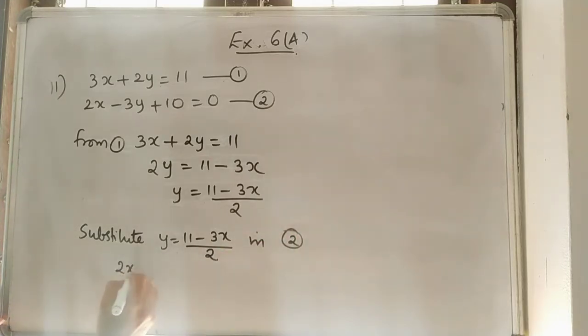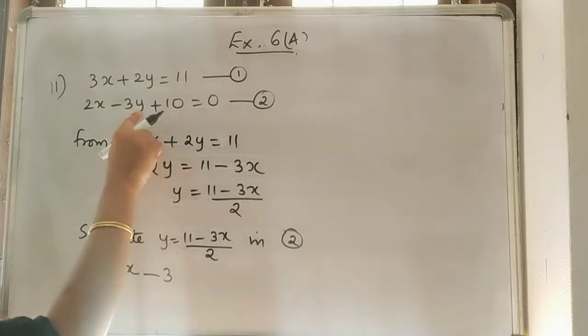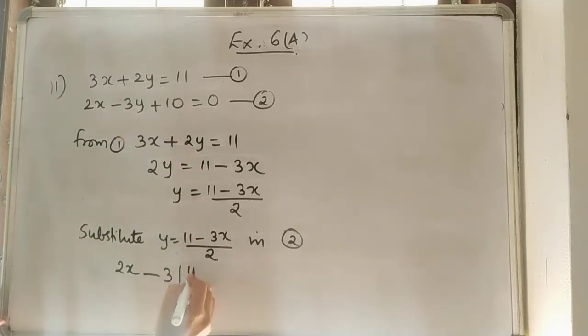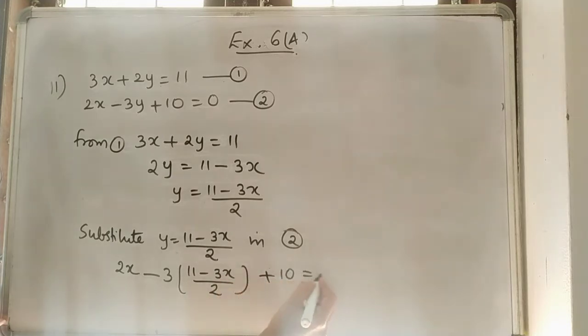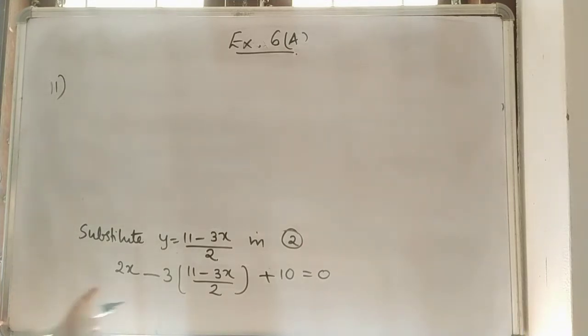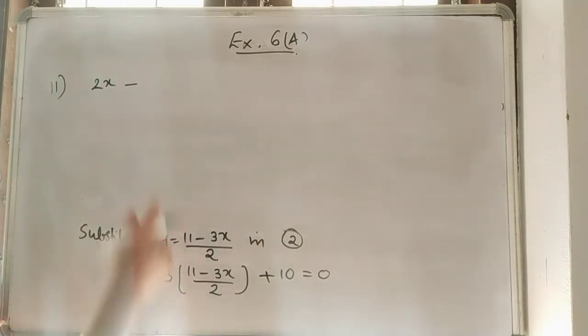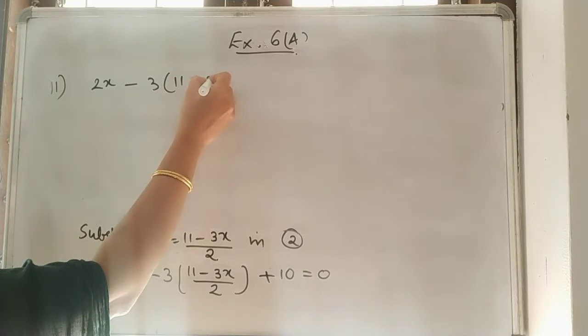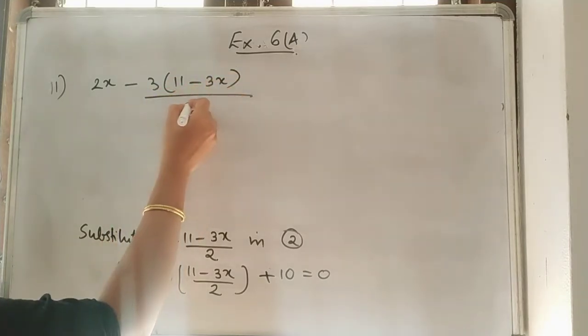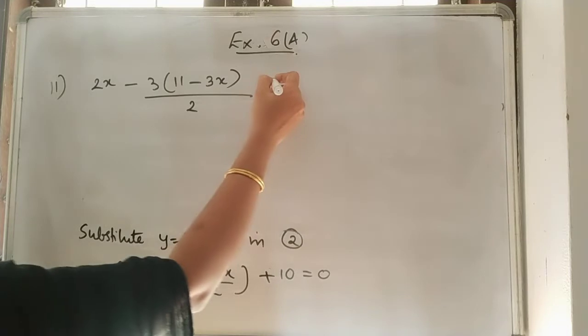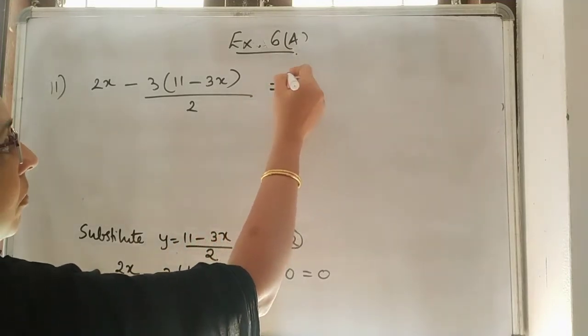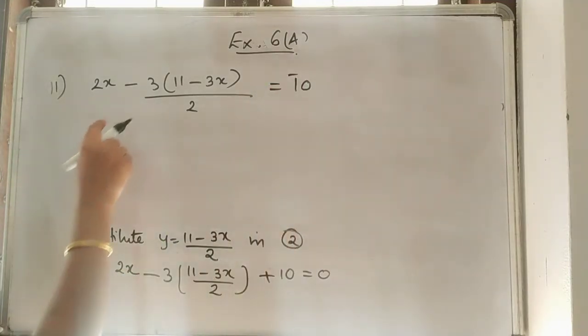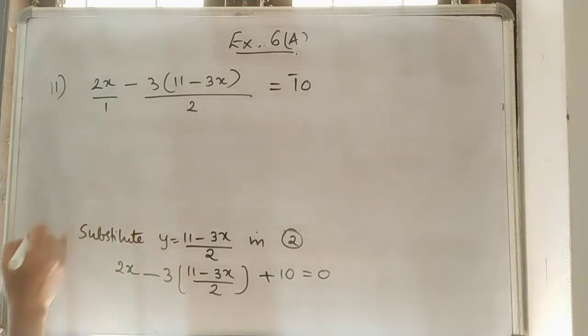So we will get 2x minus 3 into, instead of y we replace it with (11 minus 3x) divided by 2, plus 10 is equal to 0. Then the 10 will become negative 10, and 2x can be written as 2x by 1.